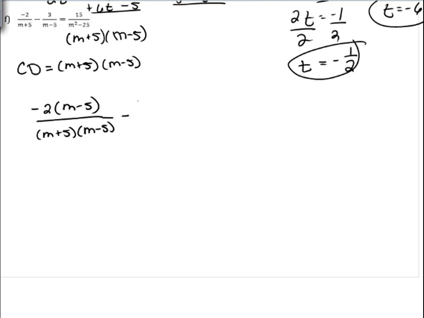And then minus 3, and the second denominator is missing the m plus 5, so we'll multiply that by m plus 5. And that's over our common denominator, m plus 5 times m minus 5. And it's equal to 15, and the 15 already has the common denominator, so we don't need to multiply it by anything.